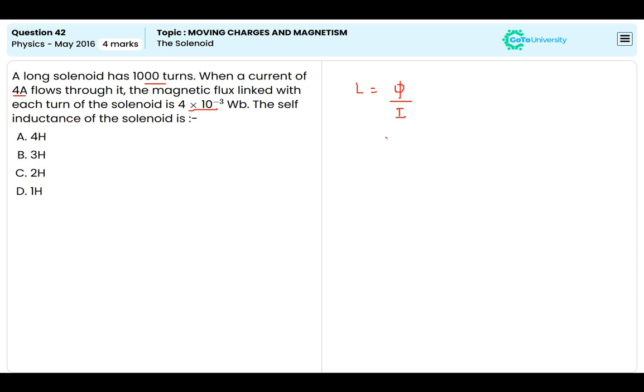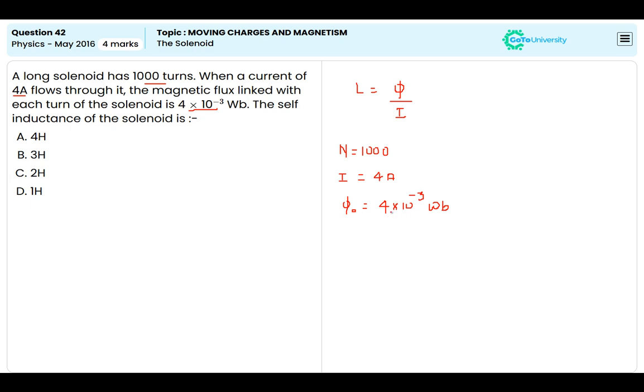So the given parameters are N is equal to 1000 turns, I is equal to 4 amperes, phi is equal to 4 into 10 power minus 3 Wb. Then the total flux linked with the solenoid is calculated as the product of the number of turns into the initial flux.